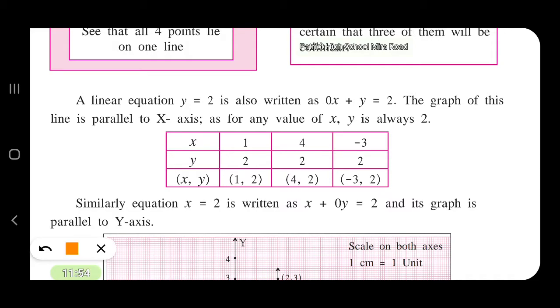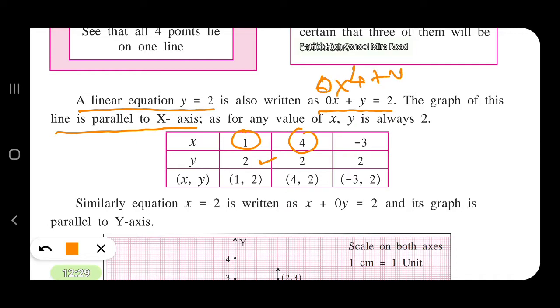Now consider this linear equation, y is equal to 2. It can be written as 0x plus y is equal to 2. The graph of this line is parallel to the x-axis, as we have seen just now. Now for any value of x, you take x is equal to 1, then also y will be equal to 2. If you take x is equal to 4, 0 multiplied by 4 is 0, so 0 plus y is equal to 2.